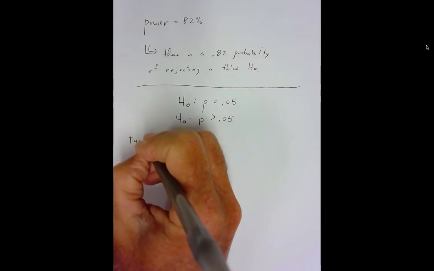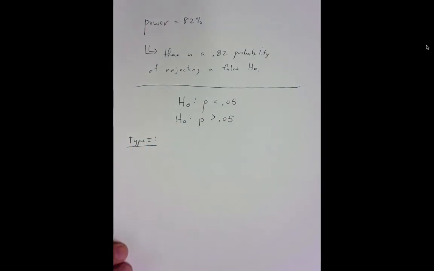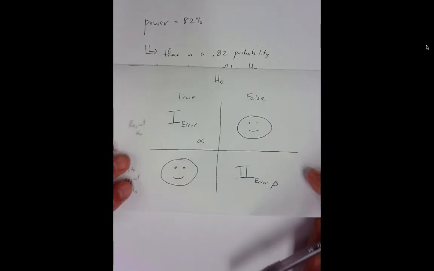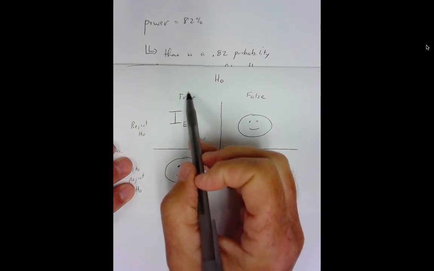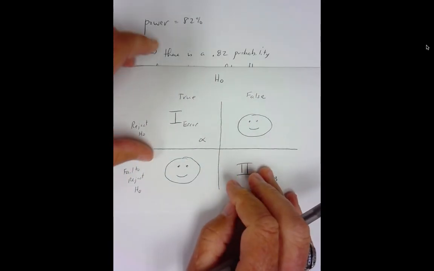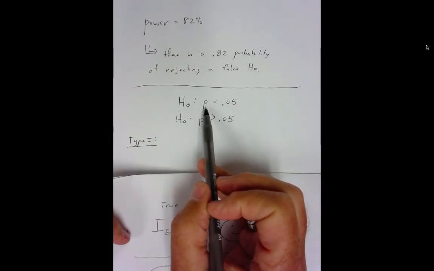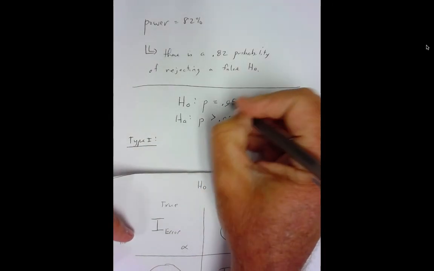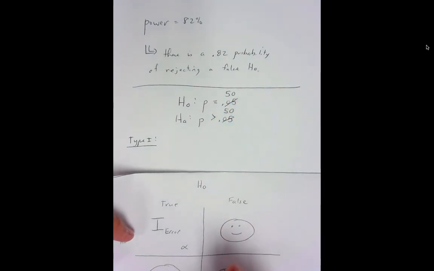Think along with me here. What would be a type 1 error? Now, let's go back to the textbook definition. A type 1 error is rejecting a true null. So in the context of this problem, a true null would be that the percent, actually it wasn't 5%. You guys are probably sitting there screaming at me. It was 50%.